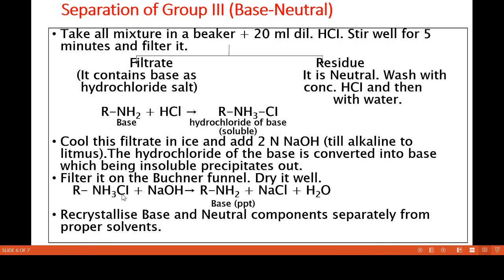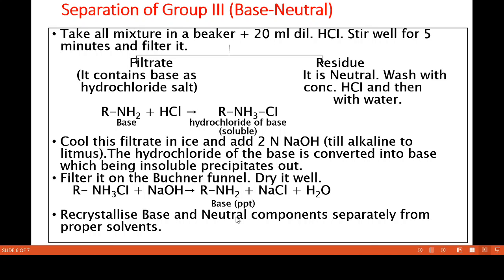This Na forms NaCl and this OH takes H from this NH3, so there is a formation of water and the base is precipitated. This precipitated base is filtered on Buchner funnel, and we recrystallize that base and that neutral compound separately from a proper solvent.